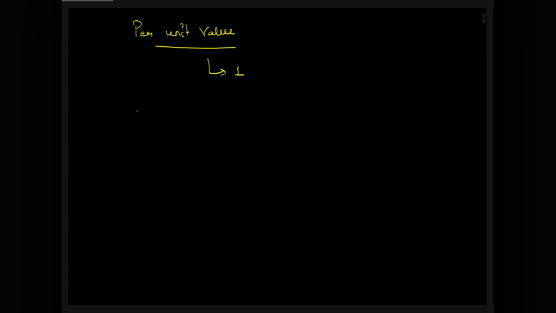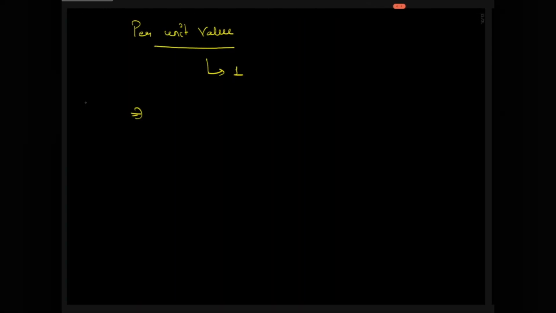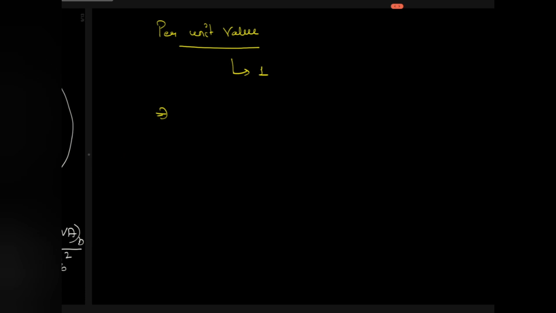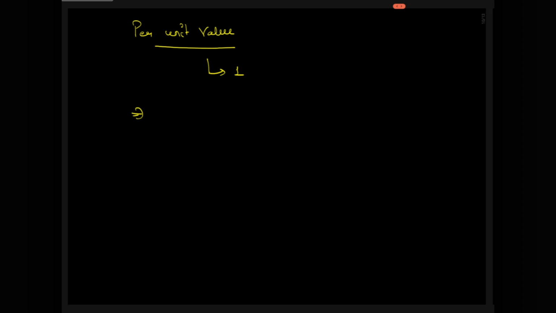Okay, so if we calculate the per unit of voltage, then it will be actual voltage divided by base voltage, right?